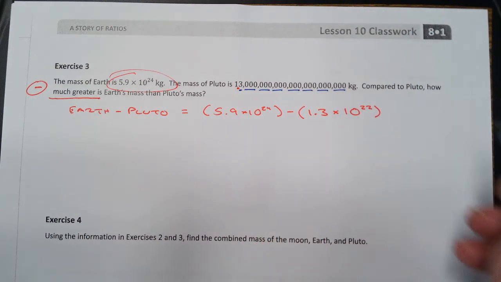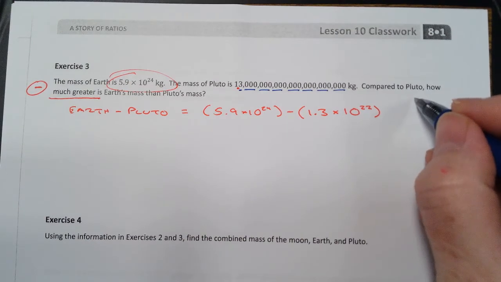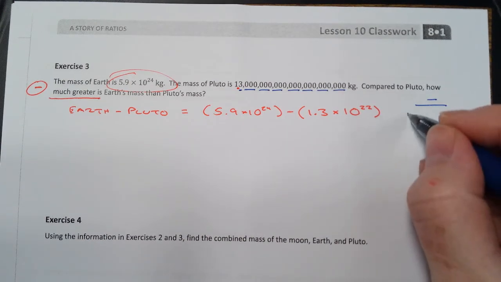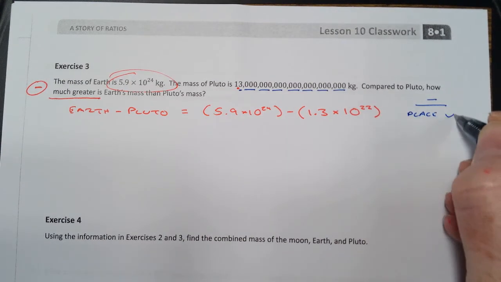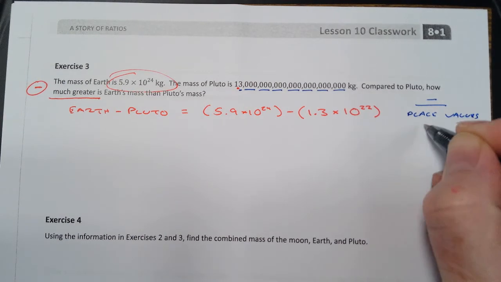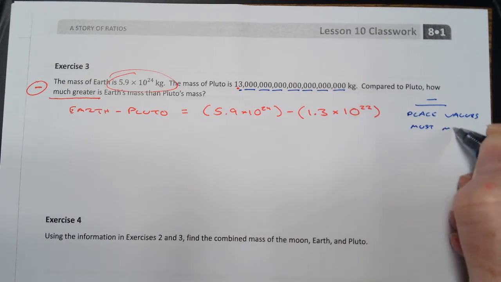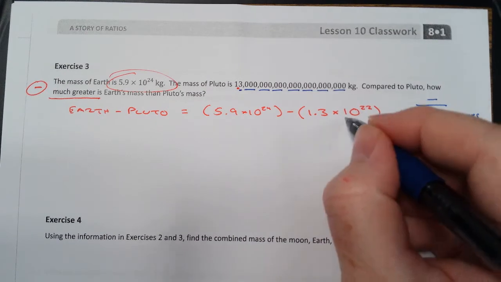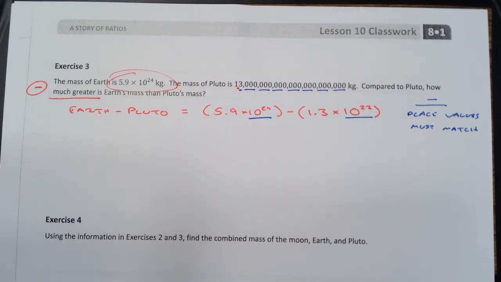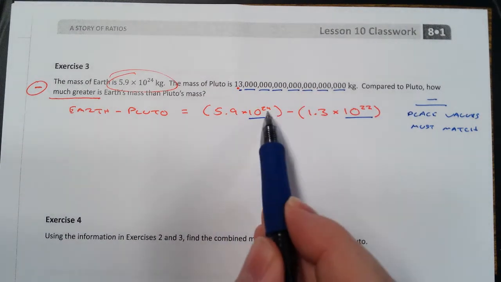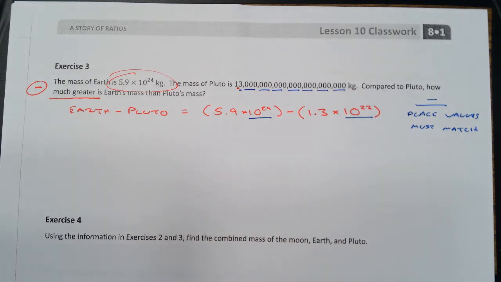Remember, when we have subtraction, the place values must match. These place values do not match. We have 24 place values, we have 22 place values. Those don't match. So I need to make them match.